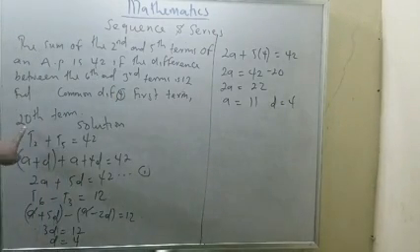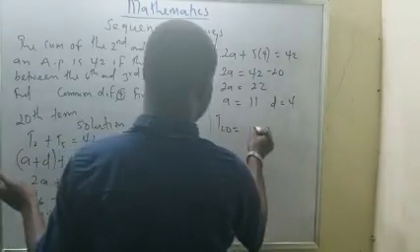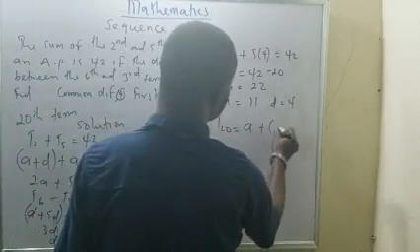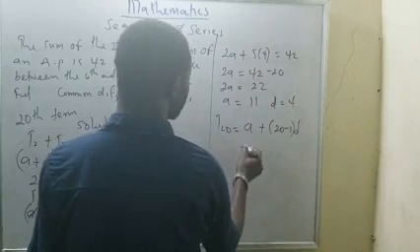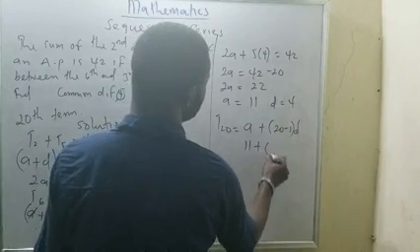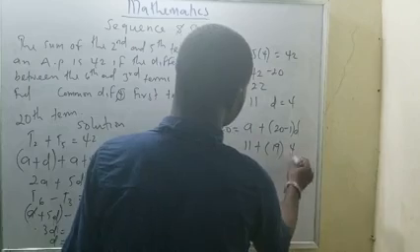Now, I'm looking for position 20. T20 will give me a plus bracket of 20 minus 1 d. We all know that my a is 11 plus bracket of 19 bracket of 4.